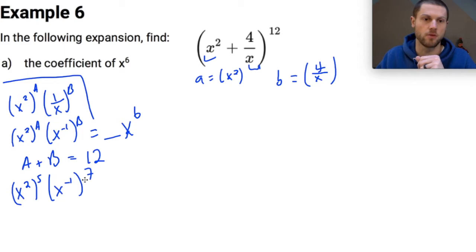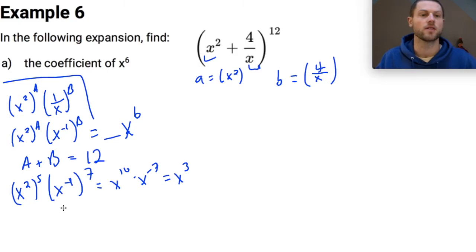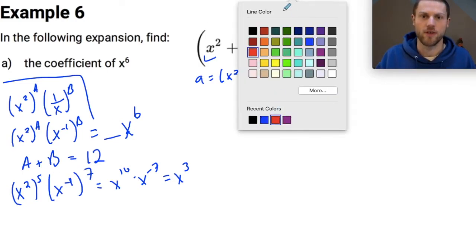Those two numbers add up to 12. So this will be one of the terms in this binomial expansion. And this would come out to be x to the 10th times x to the negative 7th, which would be x to the 3rd. That's not what I want, so I know the powers can't be 5 and 7.